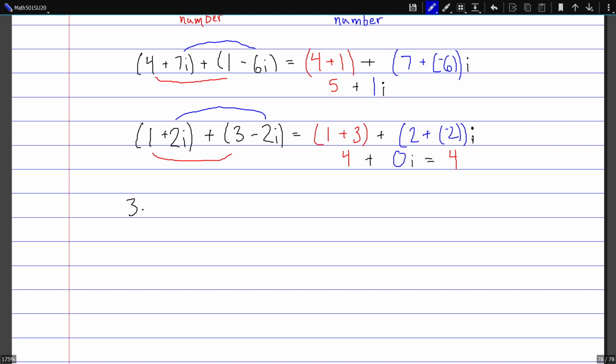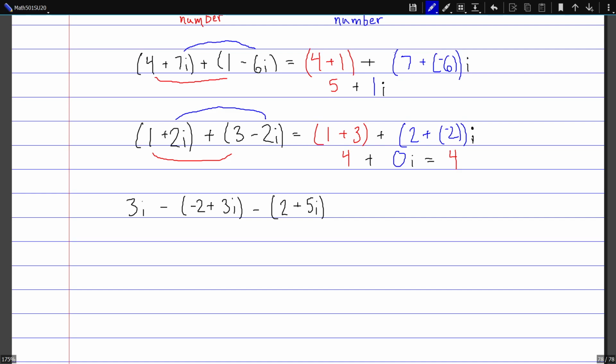So our next one, we have 3i minus negative 2 plus 3i minus 2 plus 5i. So there are a couple different ways to handle this. We know ultimately that we want to work with the real parts and the imaginary parts separately, but I also have multiple subtractions here.